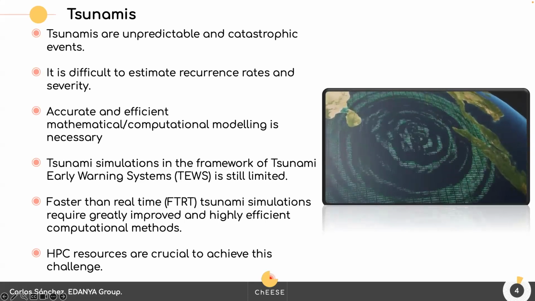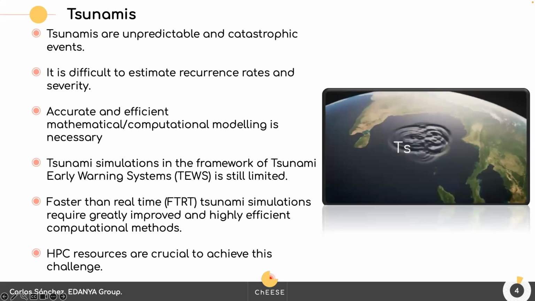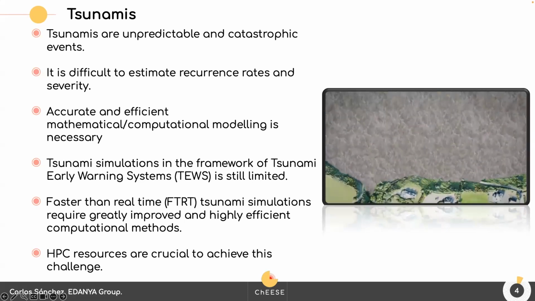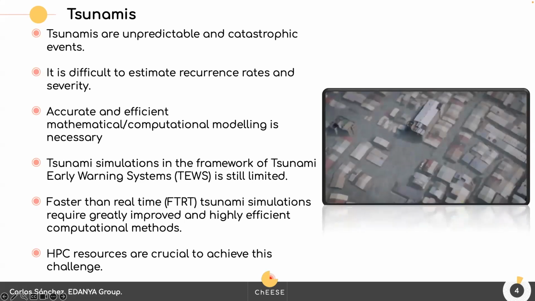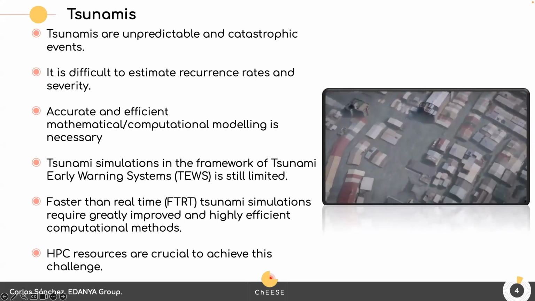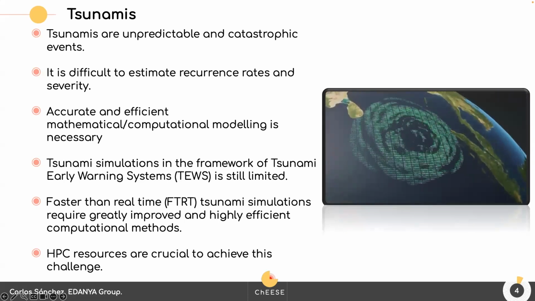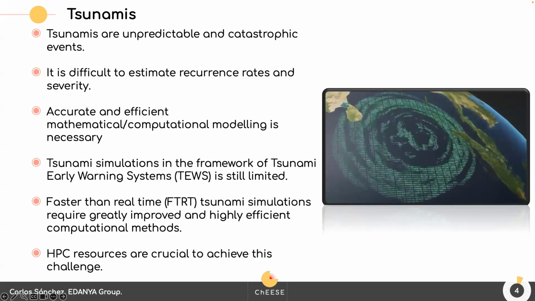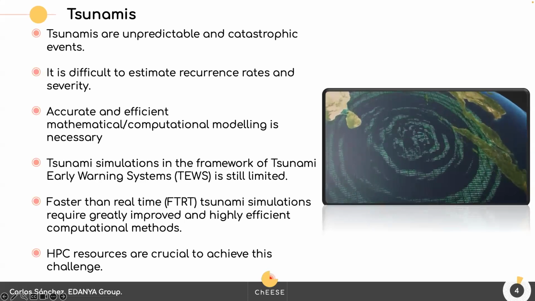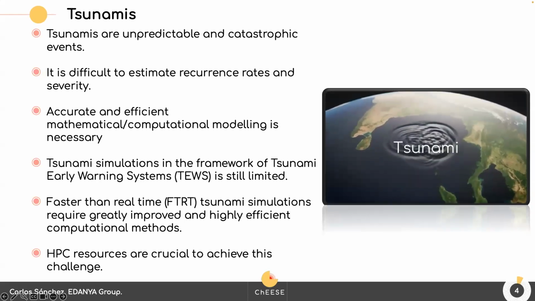This unpredictability of their occurrence is a challenge to the tsunami community, because it's very difficult to obtain from the tsunamigenic records an estimation of the recurrence rates and also the severity. So accurate and efficient mathematical and computational modeling is necessary to provide tsunami forecast and hazard assessment.